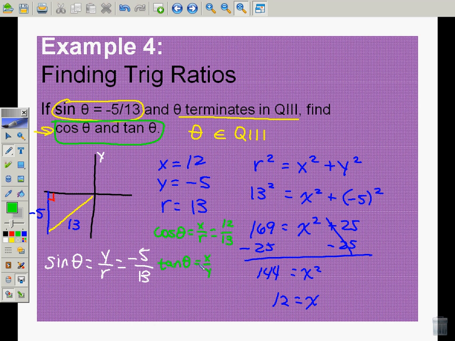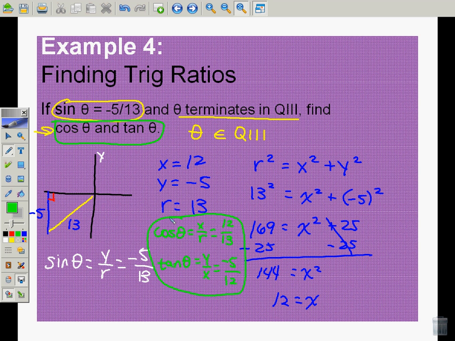And so, y over x. I was thinking of the cotangent. This is y over x. And that's going to give me negative 5 over 12. These are my trig ratios for this angle.